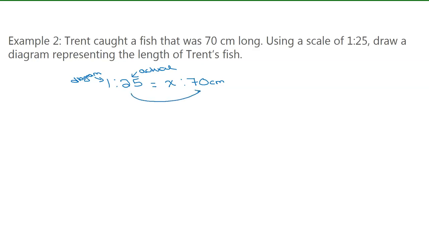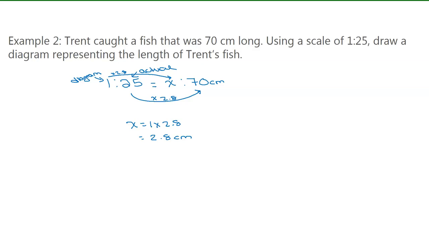So now we can divide 70 by 25. When I do that, I get 2.8. So now to find x, I just need to multiply 1 by 2.8. So x is equal to 1 times 2.8, which is 2.8 centimeters.